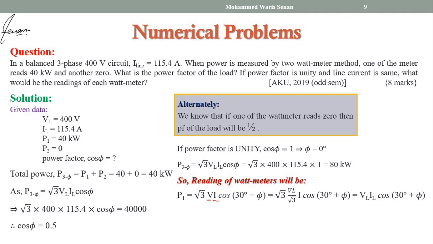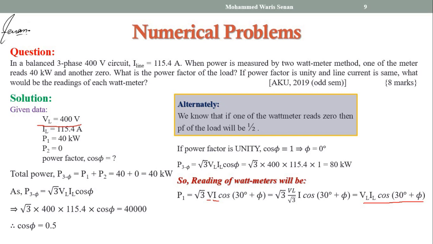In this case we have the value of line voltage, we don't have the value of phase voltage. So we can convert phase voltage to line voltage by putting V phase equal to V line by root 3. So the formula in terms of line voltage and line current comes out to be VL IL cos(30 degree plus phi).